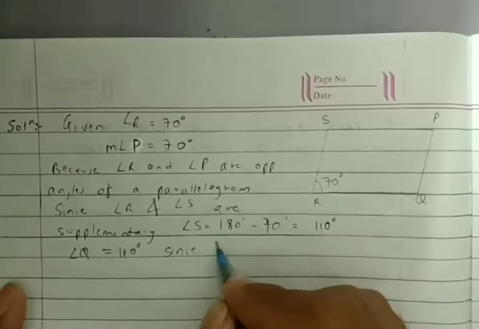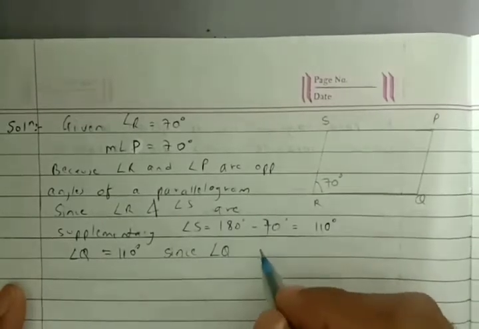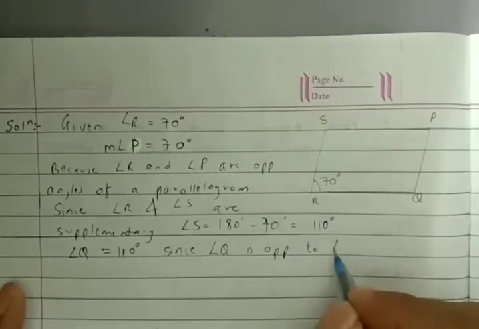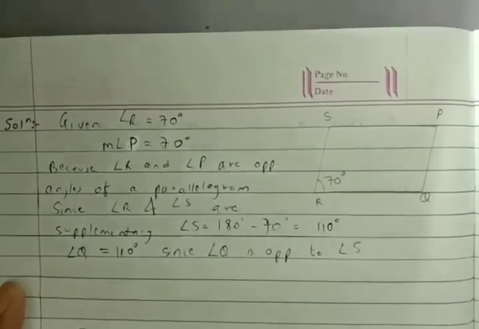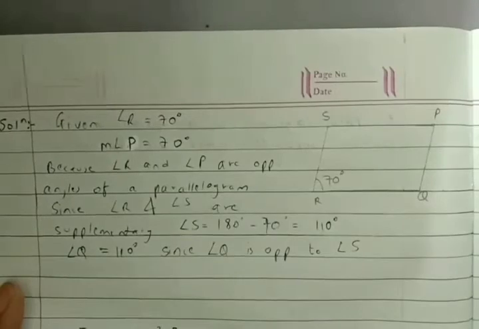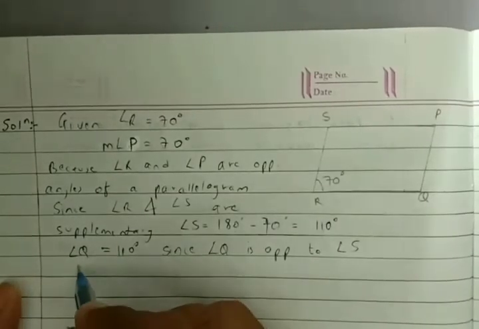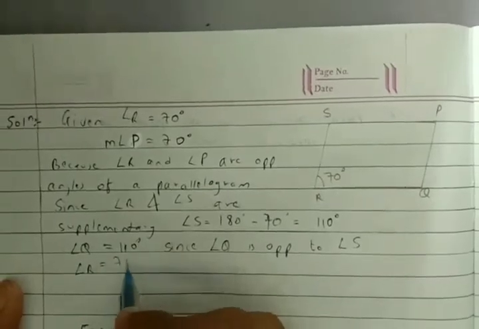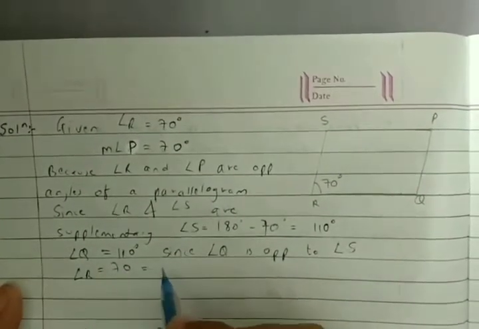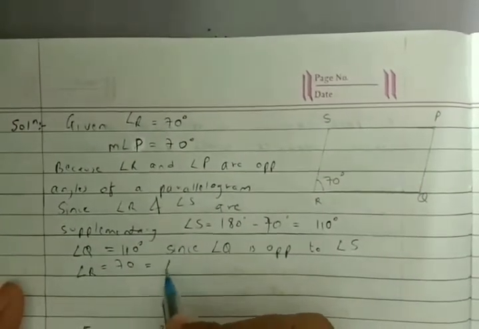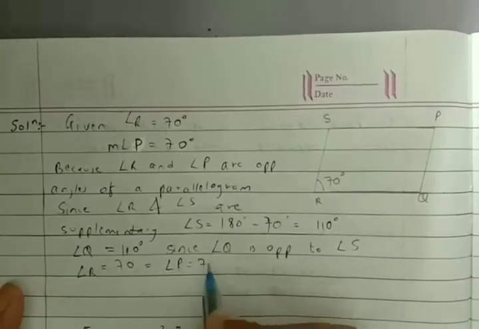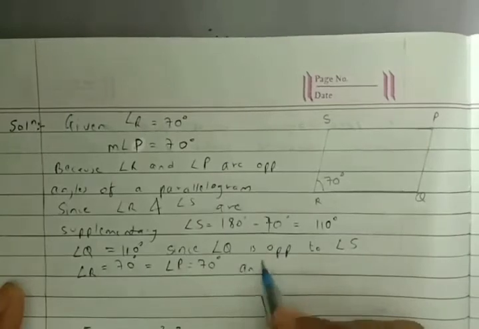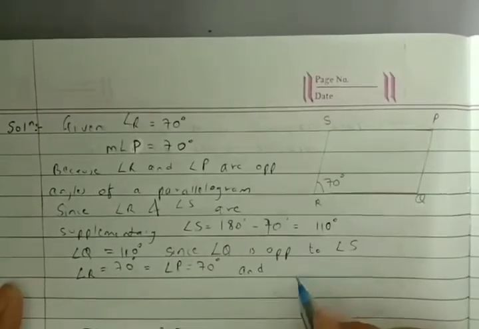Since angle Q is opposite to angle S. Now angle R equal to 70 and angle P is also equal to 70 degrees. This is the summary which we are writing.